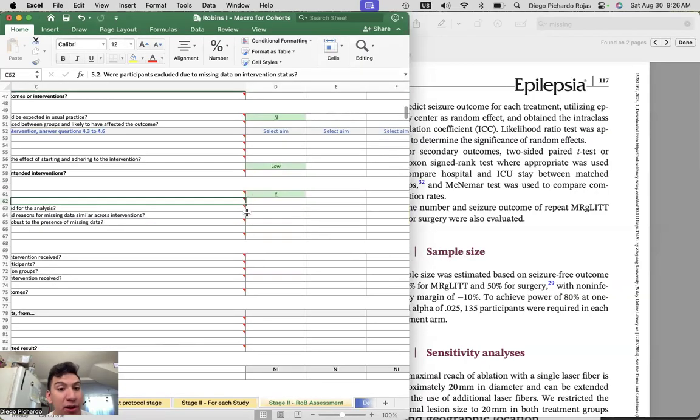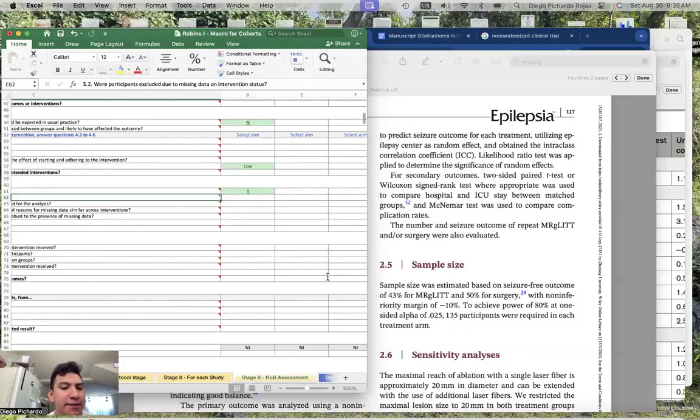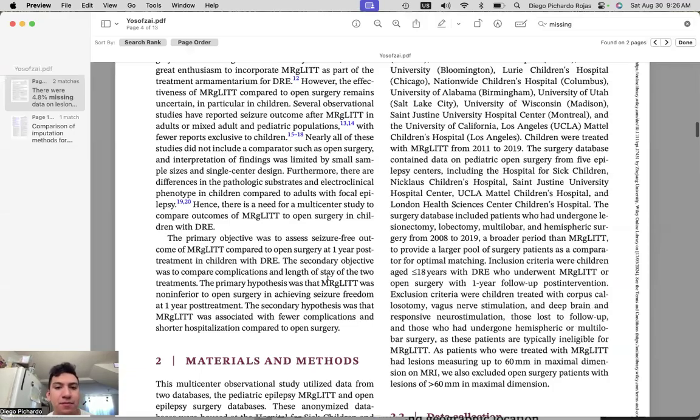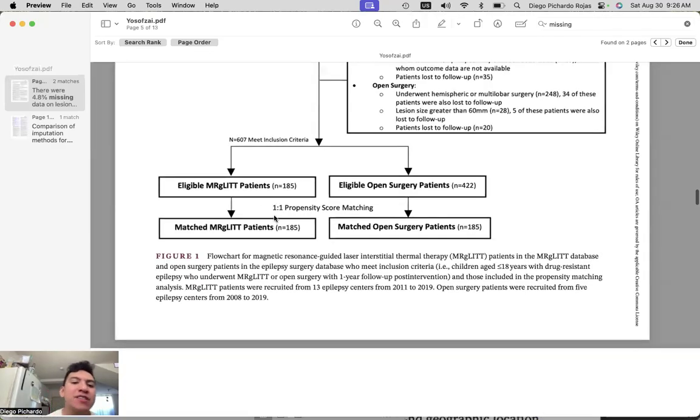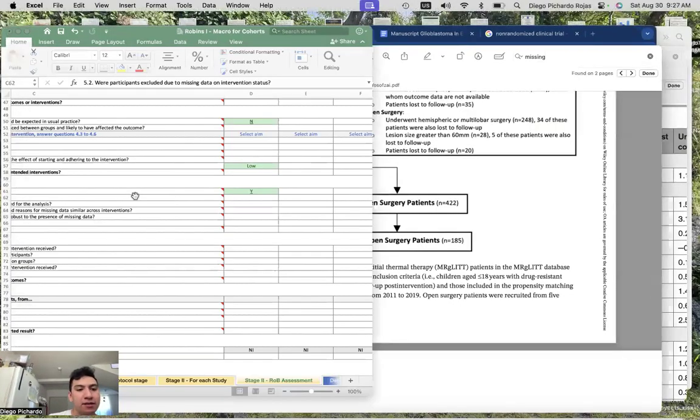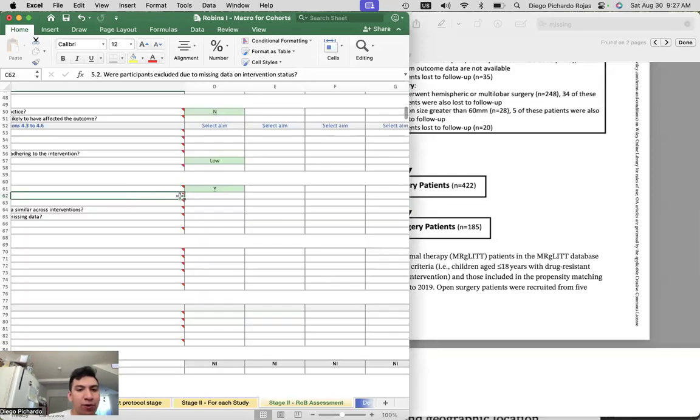Were the patients excluded? Let's see. The same number of matched patients were the ones that underwent analysis. Because sometimes they're going to say, oh, we lost 30 patients, and that would be pretty concerning, but they didn't, all right? So were they excluded?